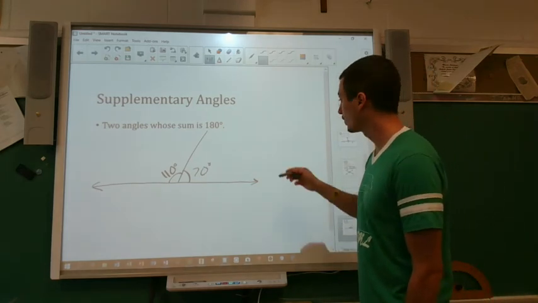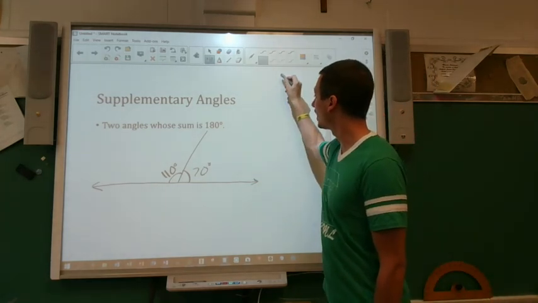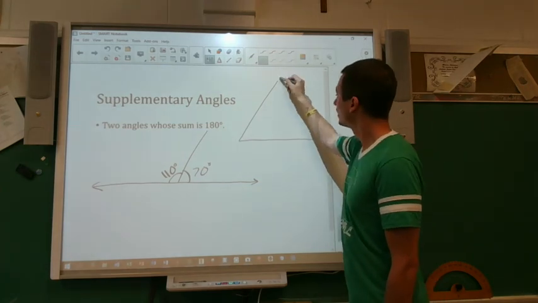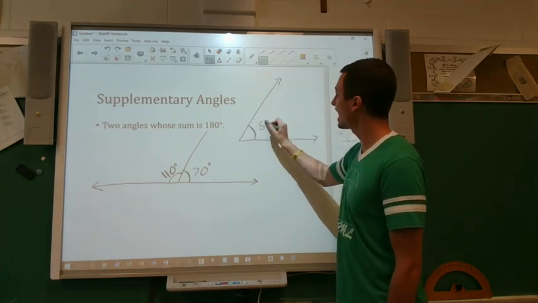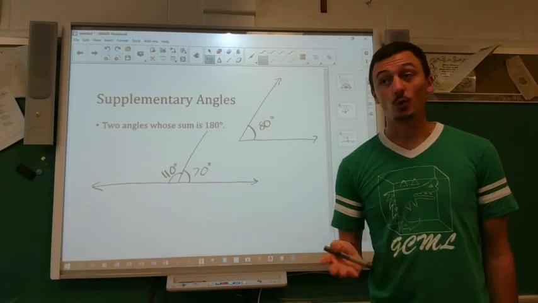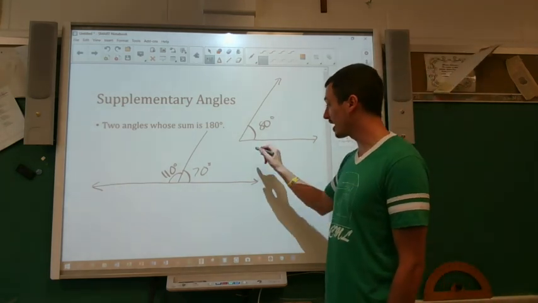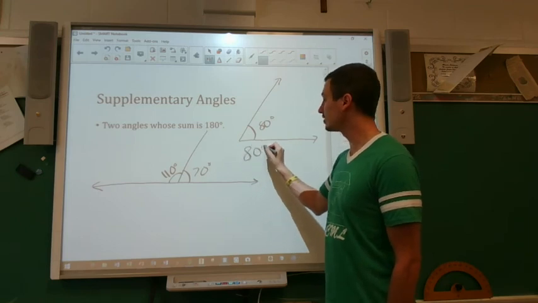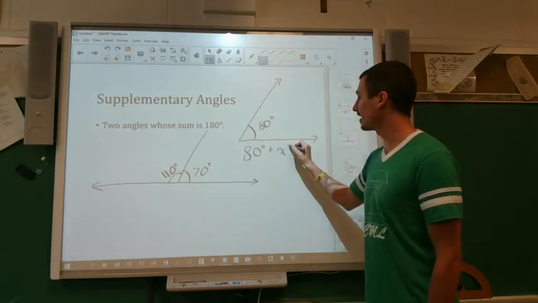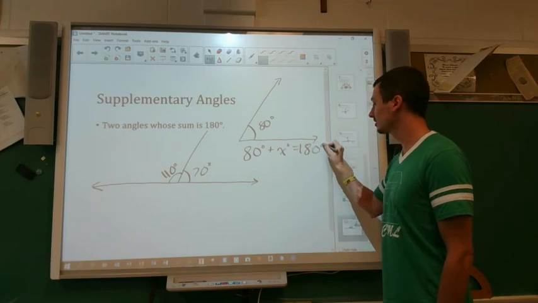Also the same as the last one, maybe I have an angle whose measure is 80 degrees, and I ask, what is the supplement of 80 degrees? Well, I'm going to solve it the exact same way, where I know one angle is 80 degrees, and I want to add some angle to that to get 180 degrees.